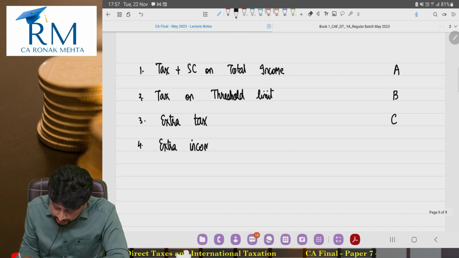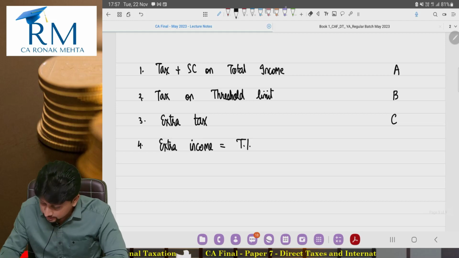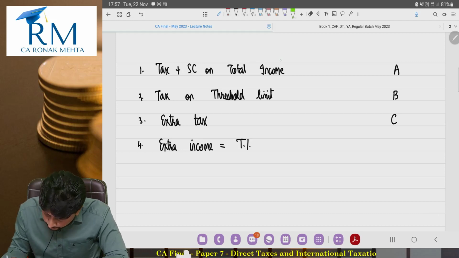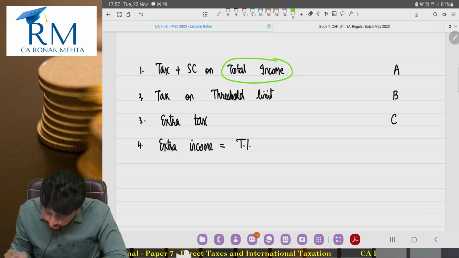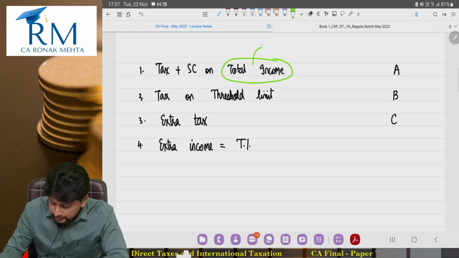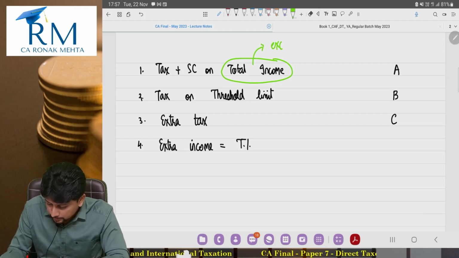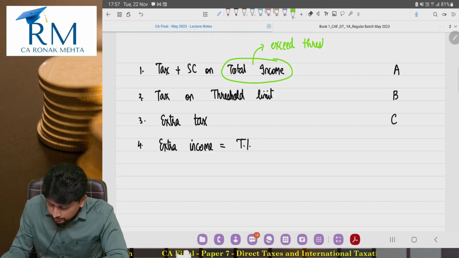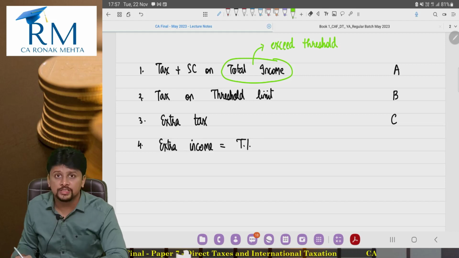What is extra income? My extra income is my total income, which, just for clarity, when I say tax plus surcharge on total income, this total income is the amount which has exceeded the threshold of surcharge.